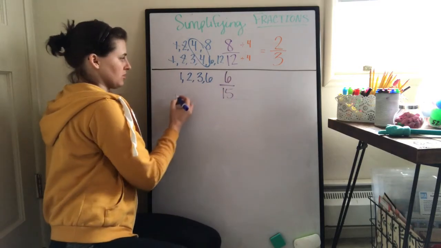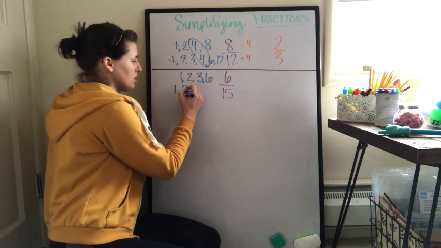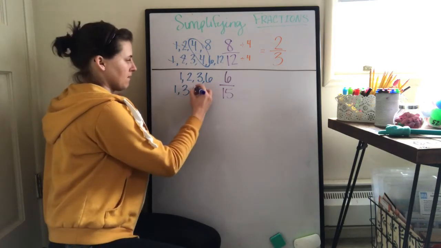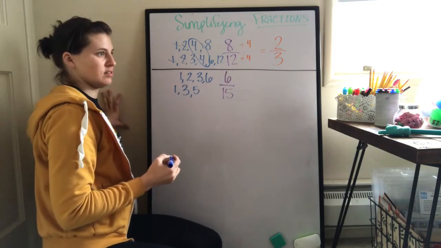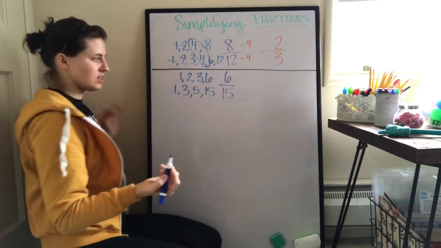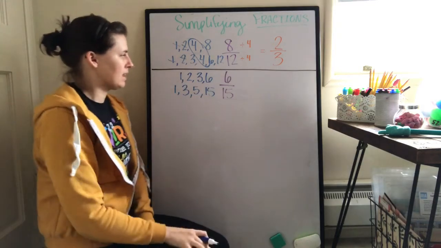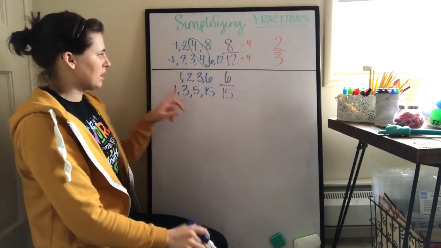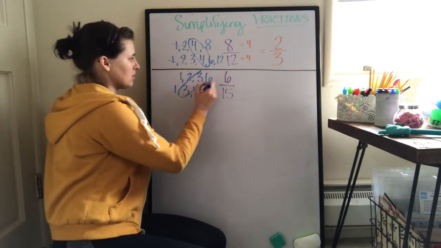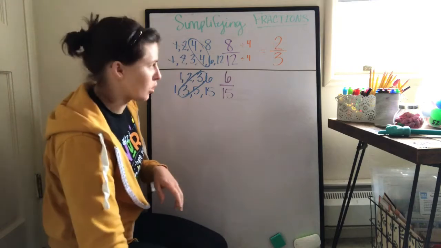And now let's do factors of 15. 1, 2, no, 3, 4, 5, 6, 7. It's just going to be 15. 1 times 15 is 15. 3 times 5 is 15. Those are the only ways that I can get 15. So the only number that's on both is our 3. 3 is in both rows.